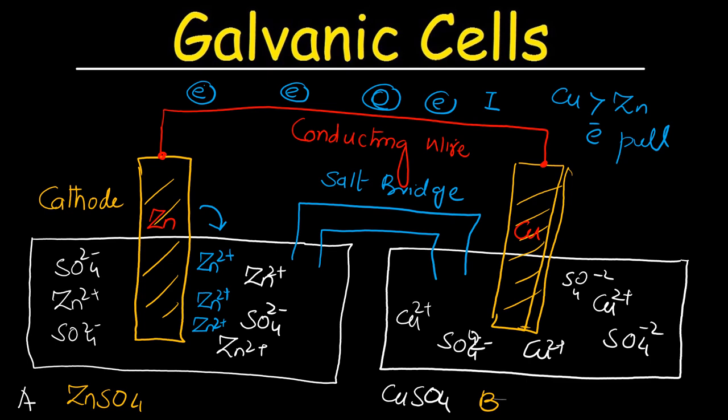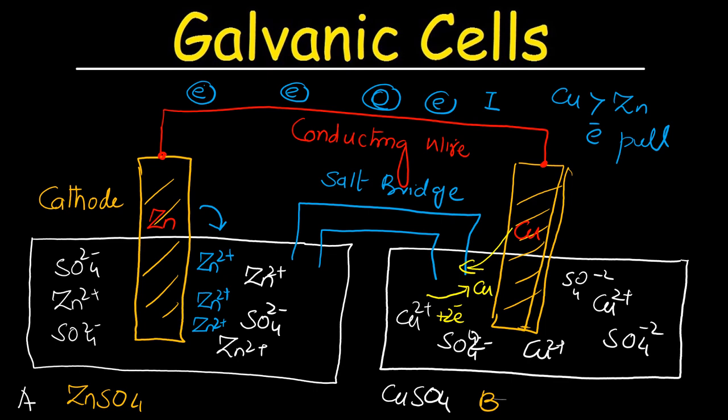Whereas the copper sulfate part of the solution is gaining electrons. Copper sulfate, Cu2+, is gaining two electrons from here. So electrons will jump and interact with the copper ion, and the copper ion will be converted into a neutral copper atom.